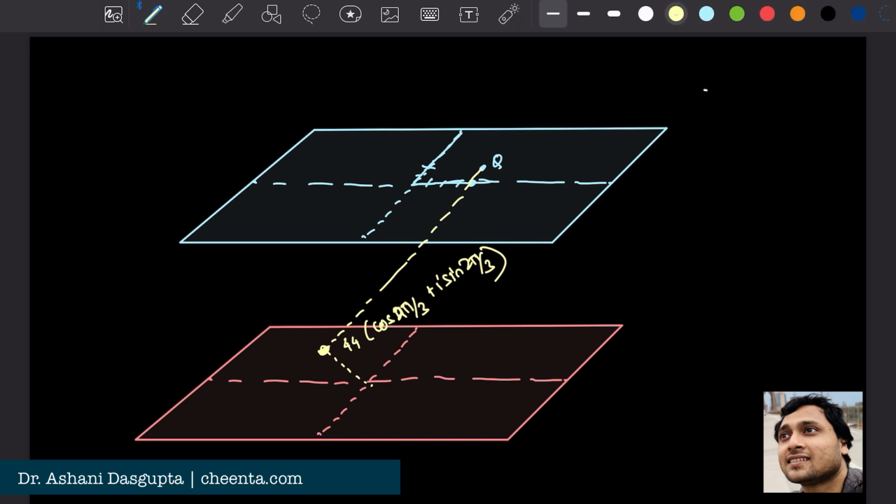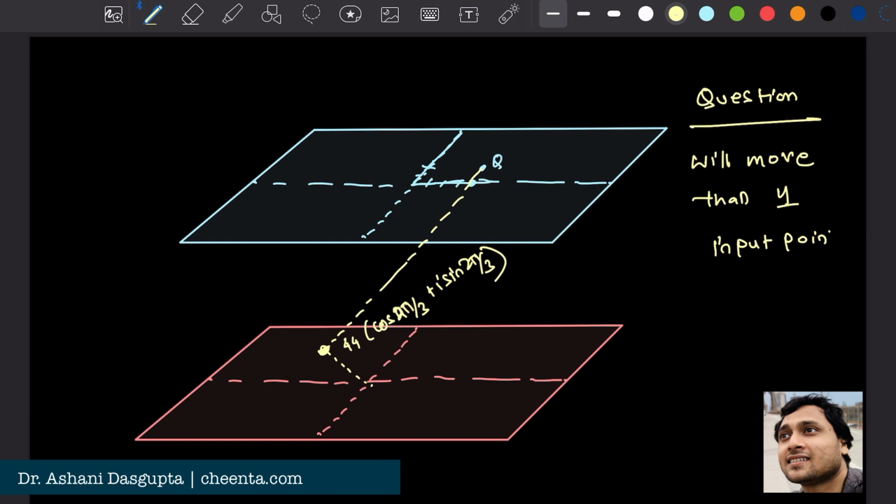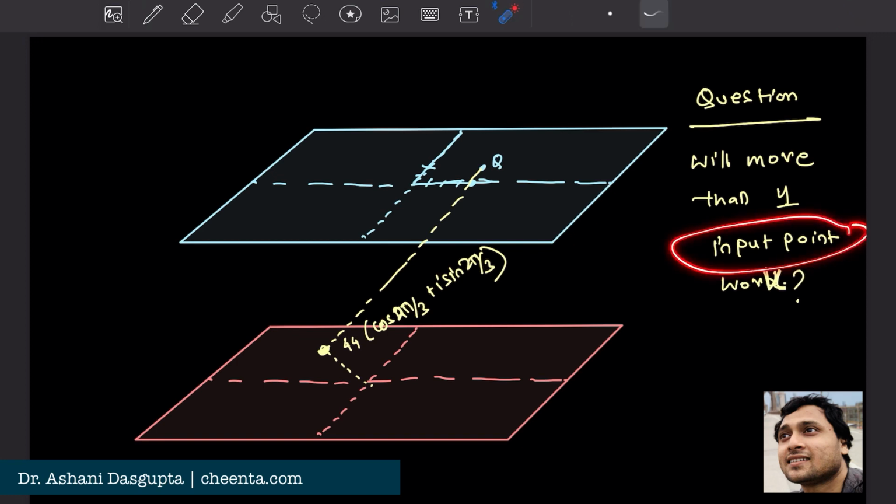But the question is, will more than one input point work? Can more than one input point produce the same output point?